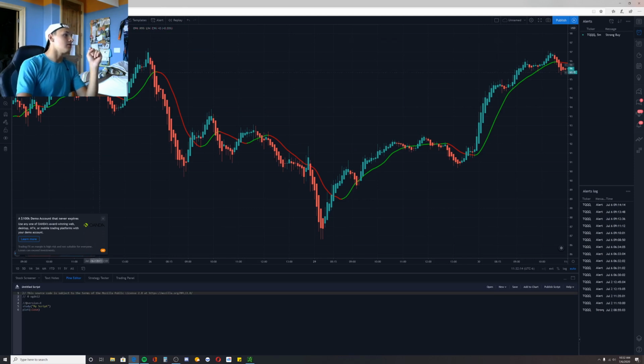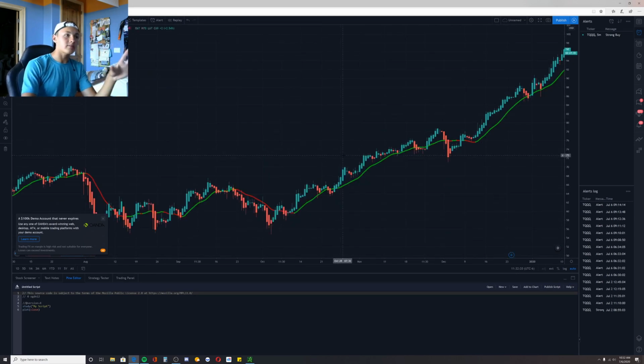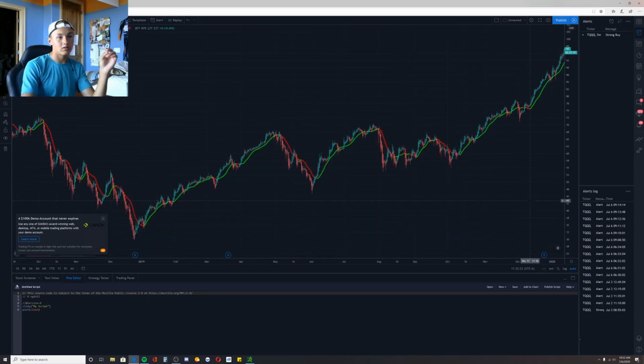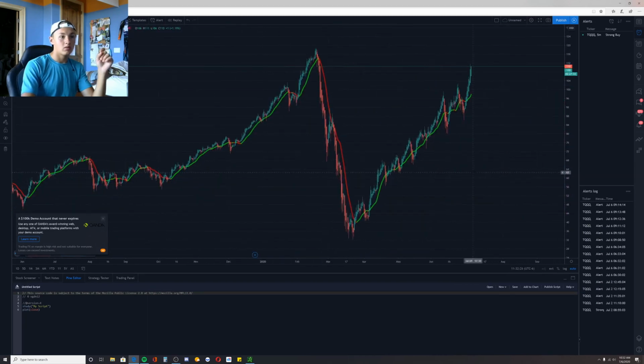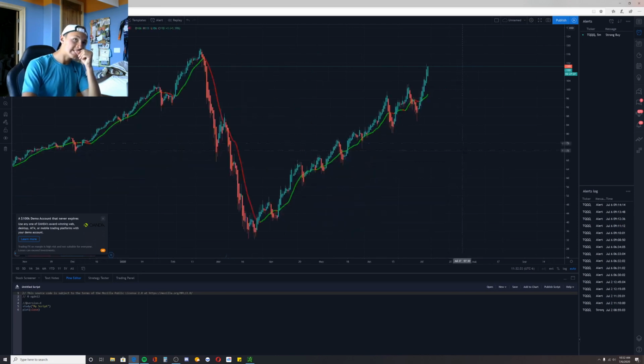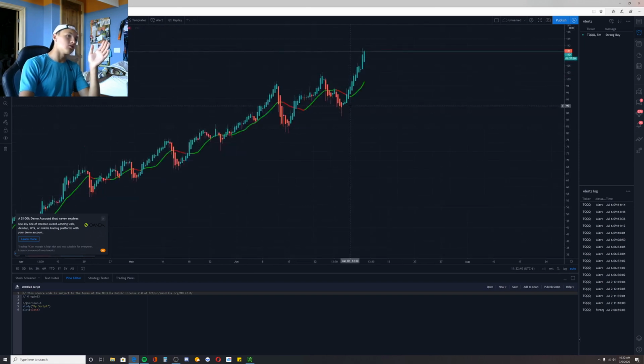You can see here, this is my SMA indicator. So now I'm going to do that one more time. You can go down, June 30th. See here, it passes the line and turns green basically, which means there's a confirmation up.